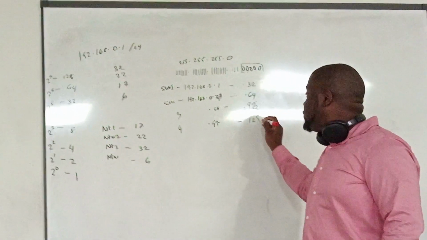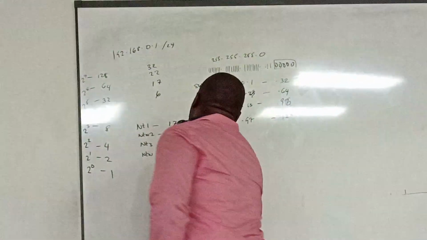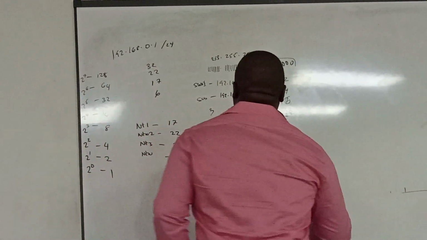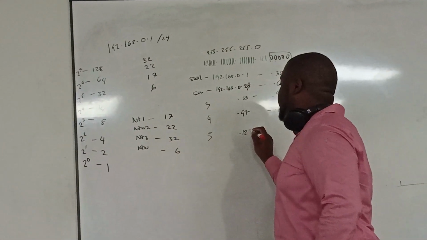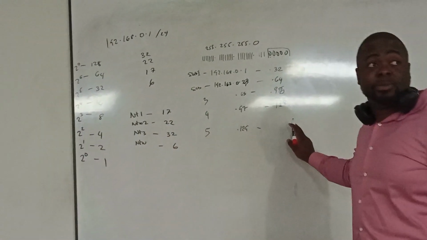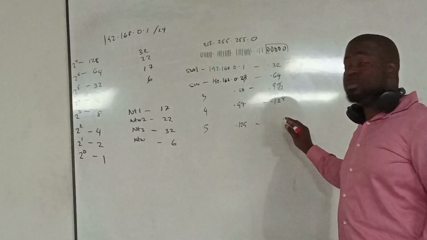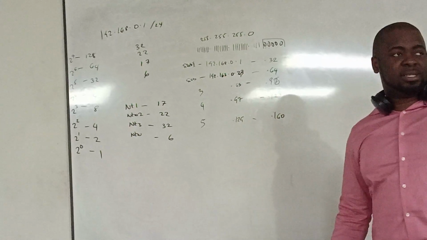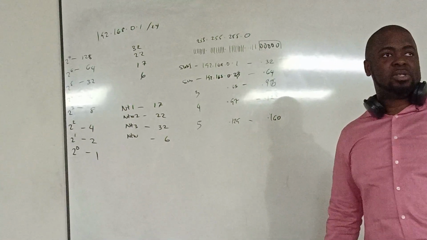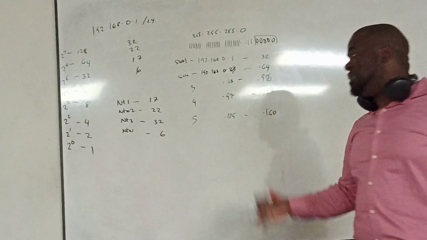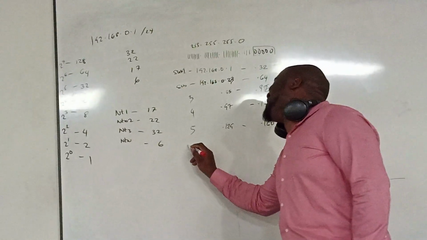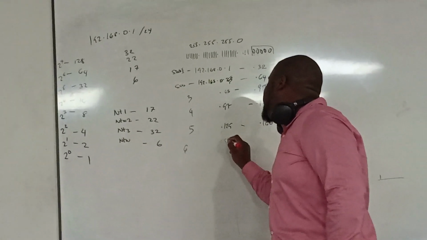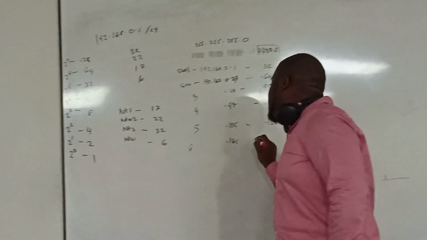Then 5 is what? 5 is 129 to 160. You can do all the way to 8, but I'm not going to do all the way to 8. Okay, let's do 6. This is 161 to 192.